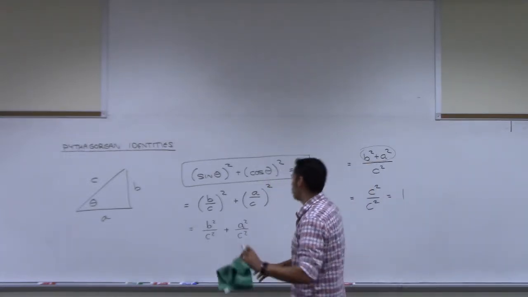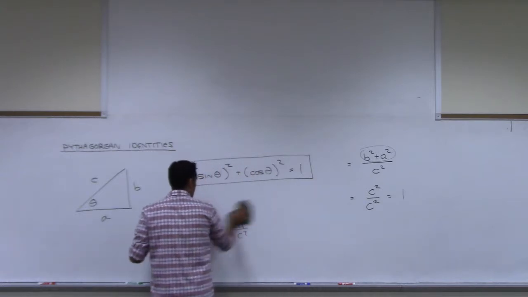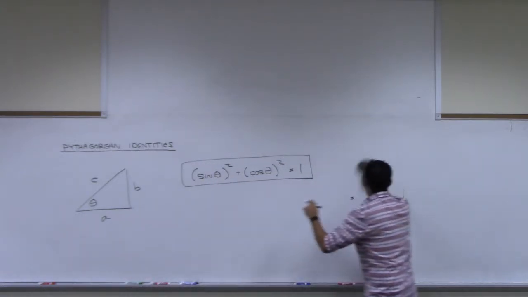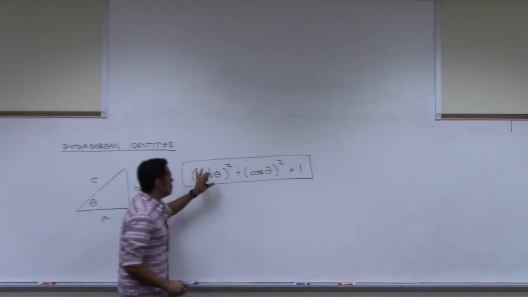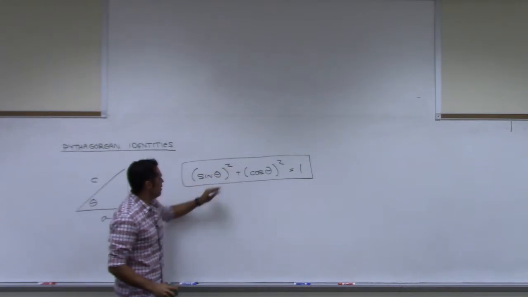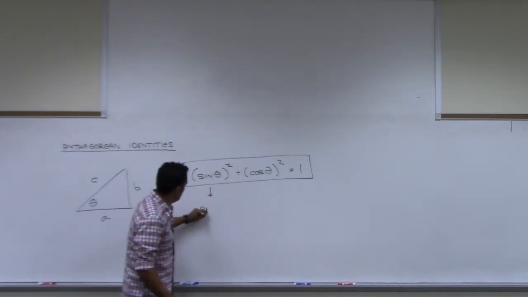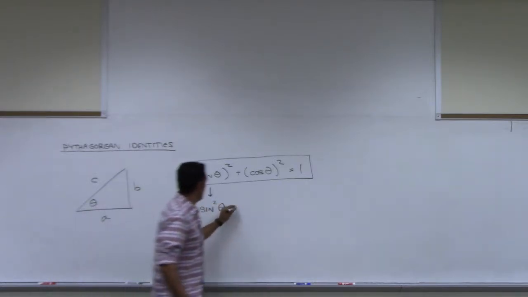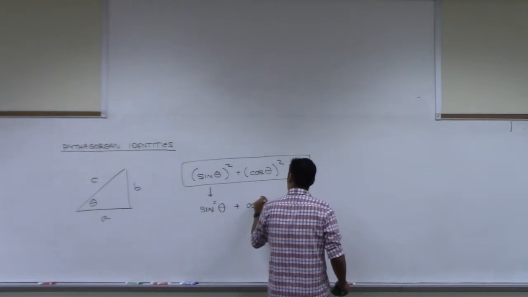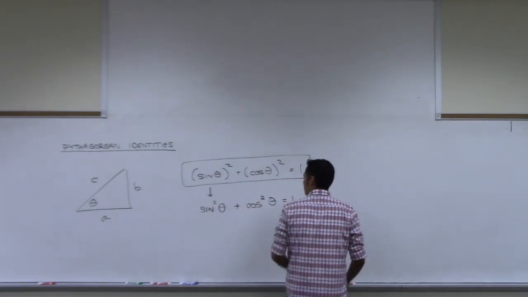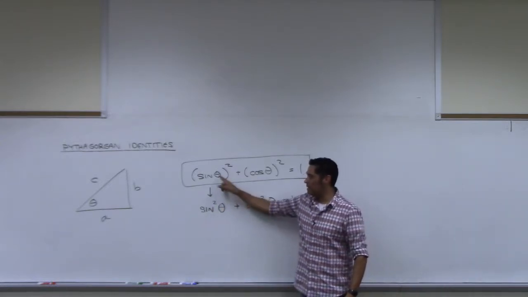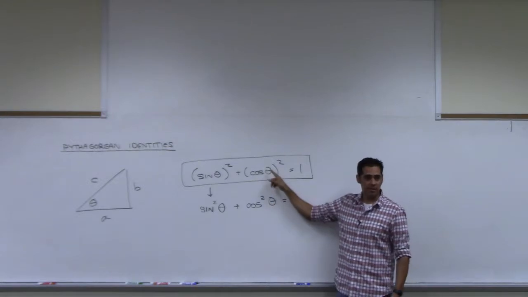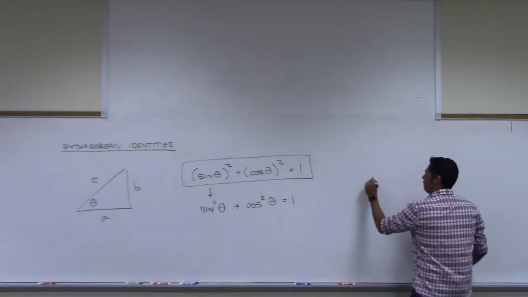Now, there is some notation that we need to get clear, because the book will not write it this way. I accidentally wrote it down that way when I started, and I apologize. When we want to say sine of theta then squared, here's the way we write it: sine squared theta, plus cosine squared theta equals 1. That's the way you'll see it in a book. But please understand that the squared here means this, not to be confused with this.